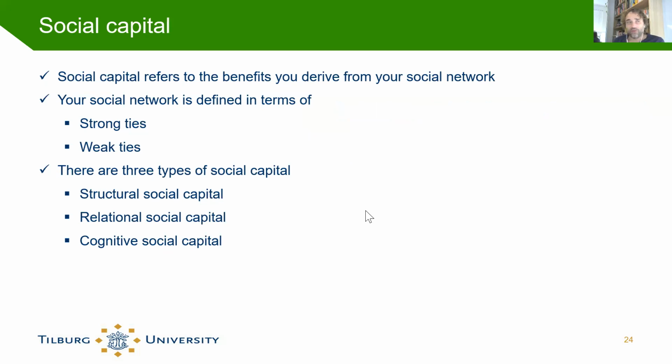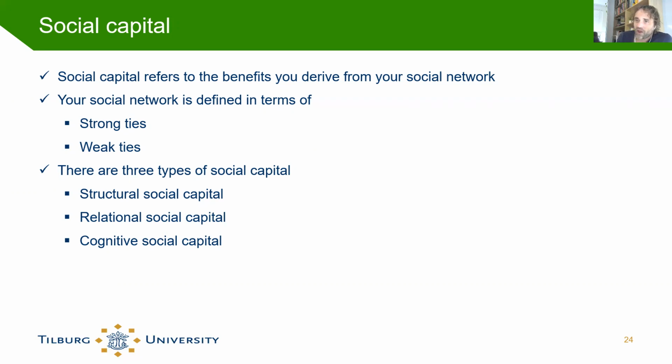Well, what is social capital? Social capital is the benefits you derive from your social network. So basically, what can you use your friends and family and your acquaintances for? Sounds very egocentric, but of course, the benefits you get from your social network, you also give. It basically means, okay, what can I get from my social network? If I feel sad, is there someone I can go to for emotional support?